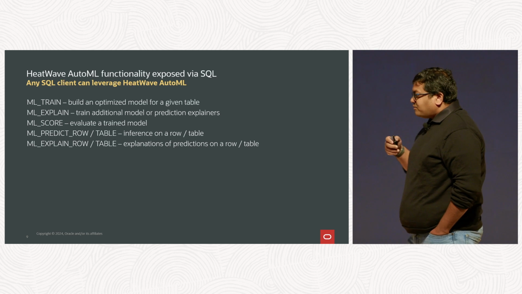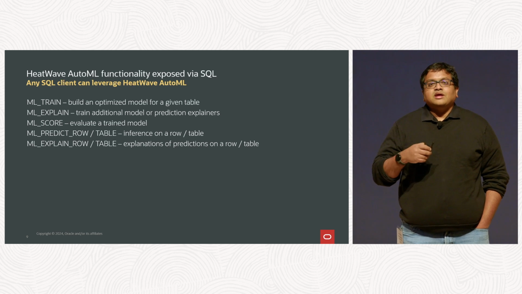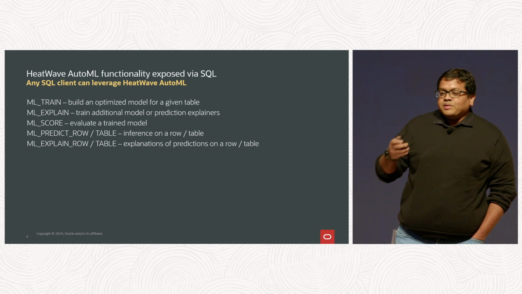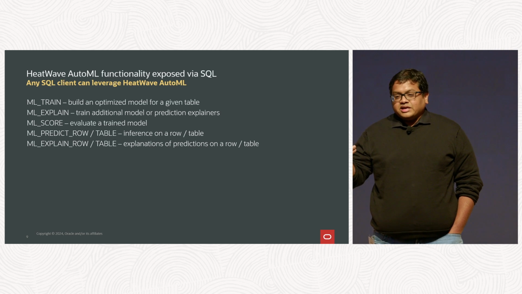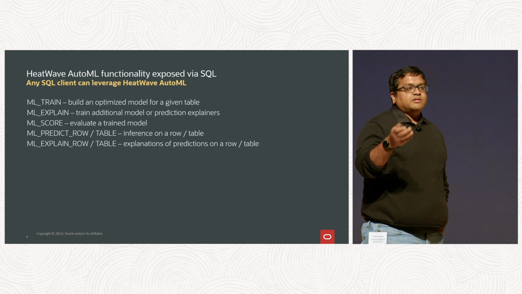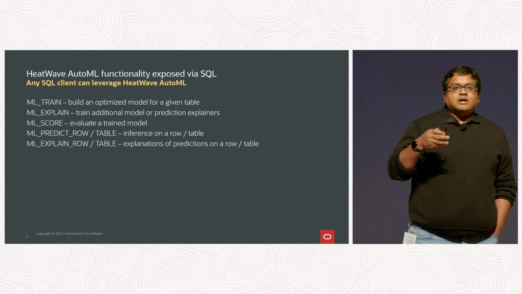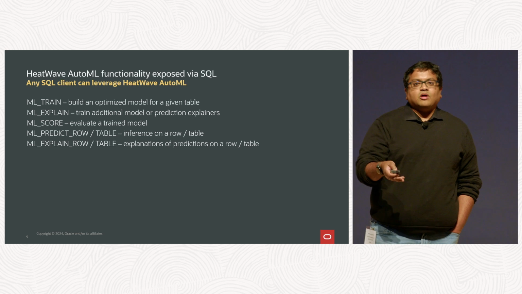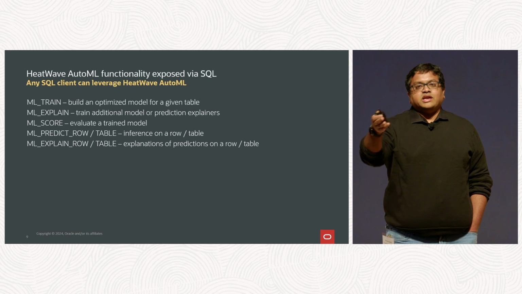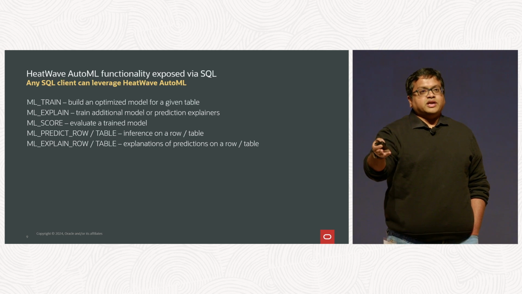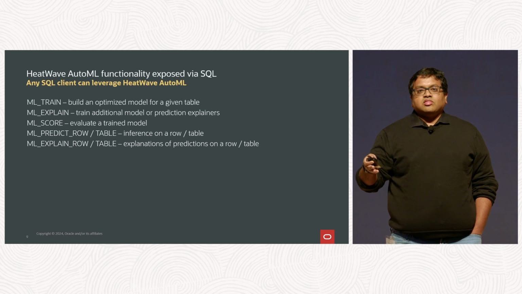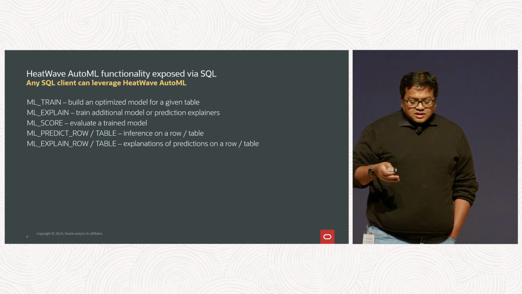We have worked very hard to make it not hard for you to use. We have just this simple set of 5 APIs. ML train is where you point it to some table in InnoDB or in Lakehouse and tell it, go train a classification model on my data, and here is the column containing the values I want to predict.